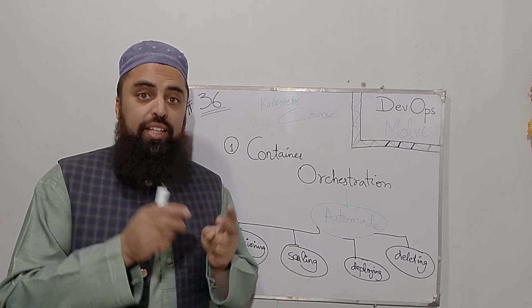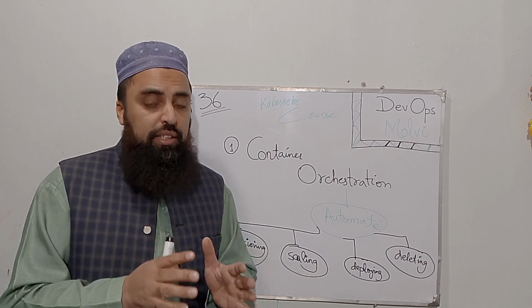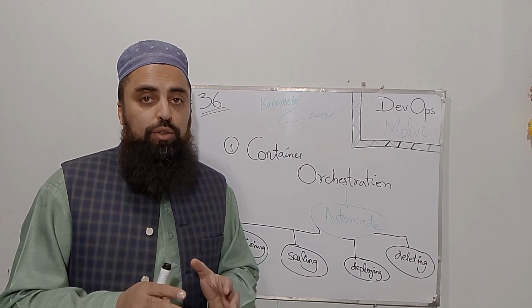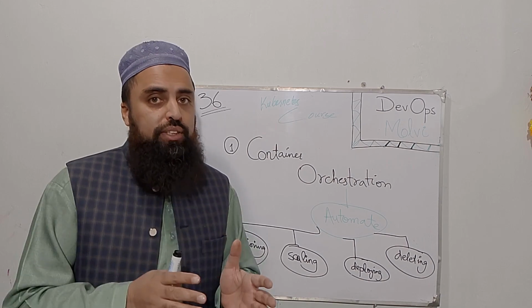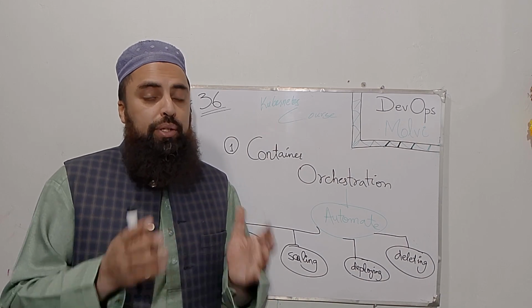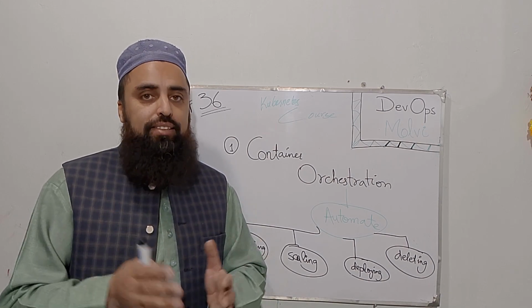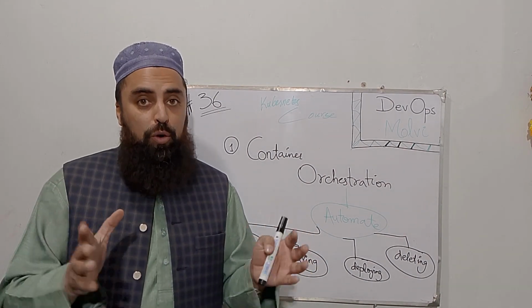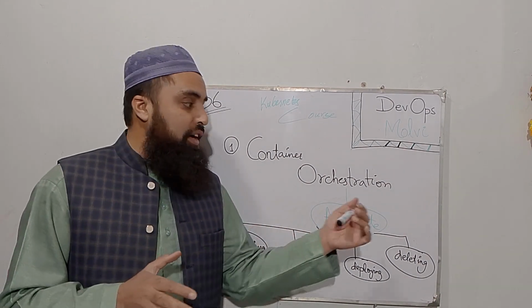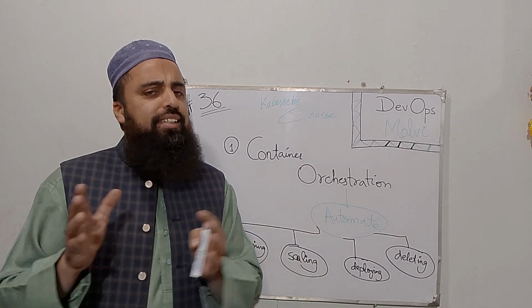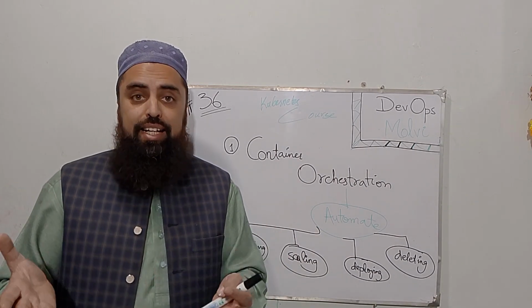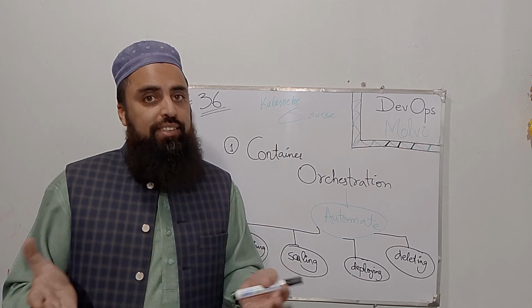Number two, it also increases the productivity of DevOps engineers. And number three, it also reduces the resources and costs required for our applications. So you don't have to worry about orchestration anymore. I hope that you are now clear with the orchestration concept. It just automates the process of provisioning and deploying, scaling, or deleting containerized applications.